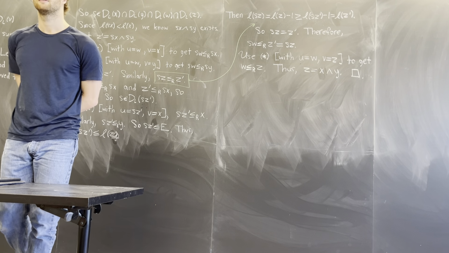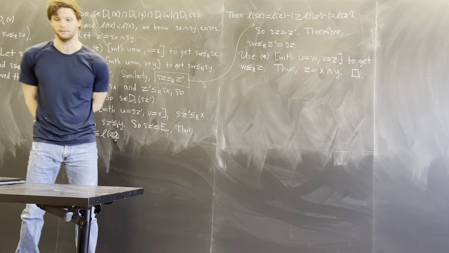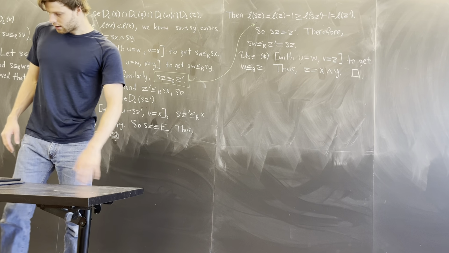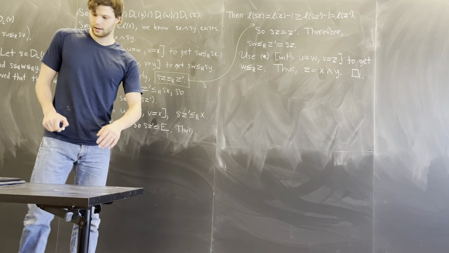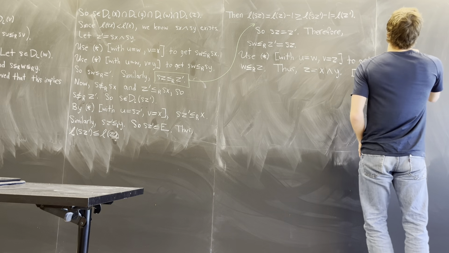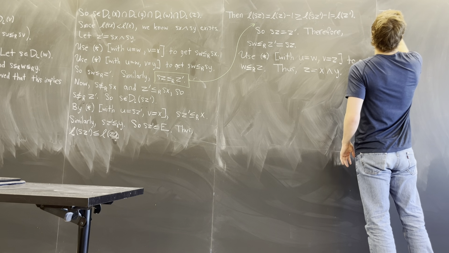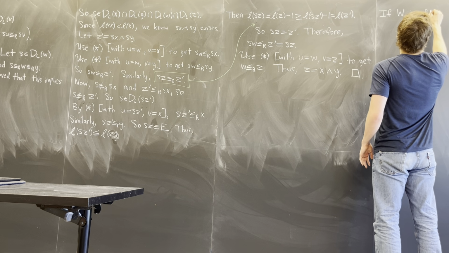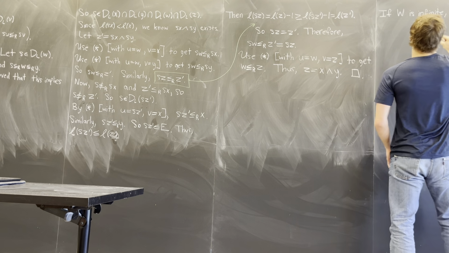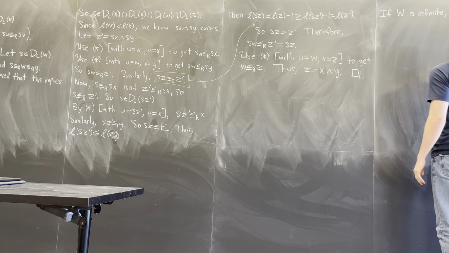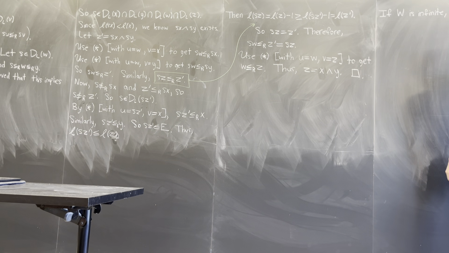Any questions? Okay. So let me mention that it's not necessarily a lattice if W is infinite. So if W is infinite, joins do not necessarily exist.